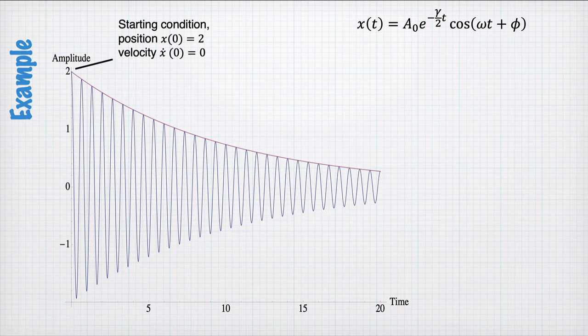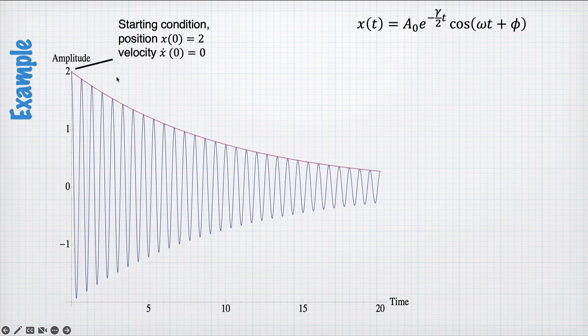Now, to start with, we're going to read off the damping rate gamma and the frequency omega. I'm going to read those off from the graph. To start with the damping rate gamma, we're going to look for the time at which this exponential envelope here, which is this red curve, has dropped by a factor of e, and that will correspond to the time at which this exponent here, gamma on 2 times time, is equal to 1.